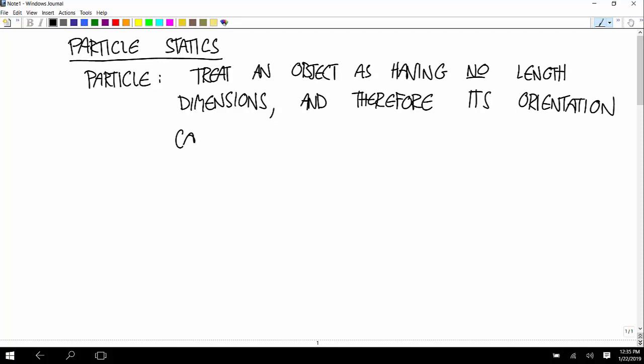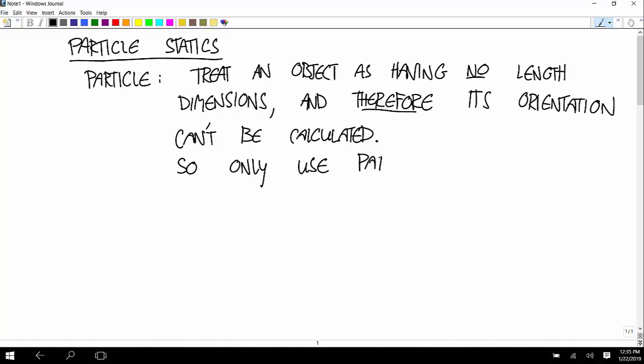I mean, if I'm going to say therefore, it's like its orientation can't be calculated. And so you treat things like particles where you don't care about the orientation. So we only use the particle assumption when orientation doesn't matter.